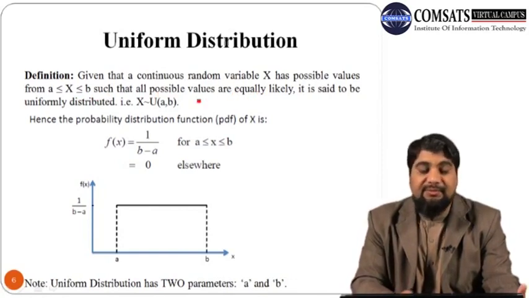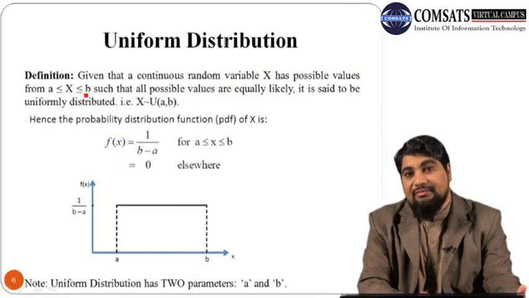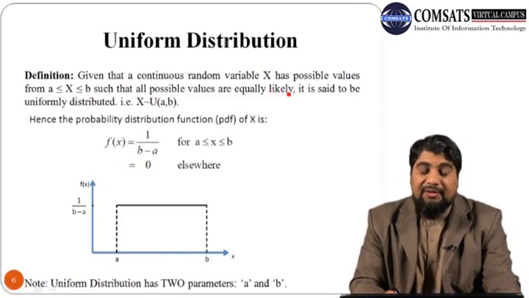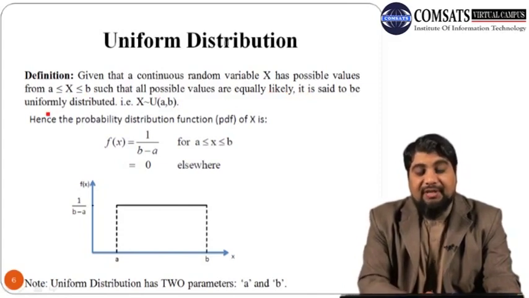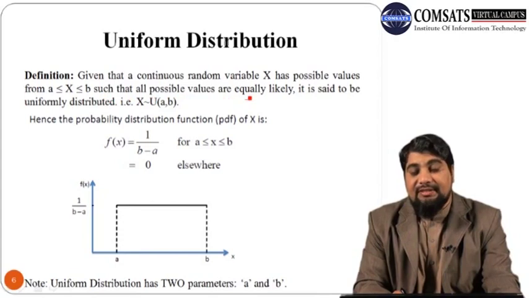So all values occurring within this interval from a to b have the same chance of occurrence, so that means they are equally likely. It is said to be uniformly distributed if all values have equal chance of occurrence.